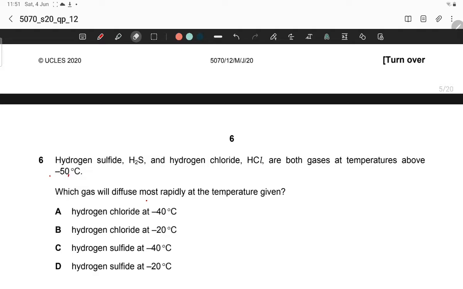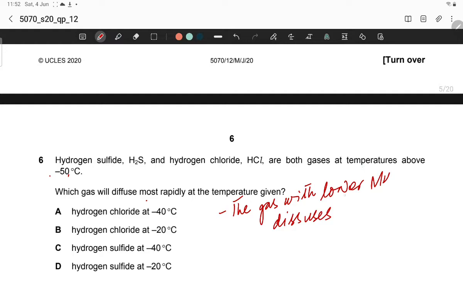Question number 6. Hydrogen sulfide and hydrogen chloride are both gases at room temperature, at temperature above minus 50 degrees centigrade. H2S. Which gas will diffuse most rapidly at the temperature? The gas with lower Mr diffuses most quickly.